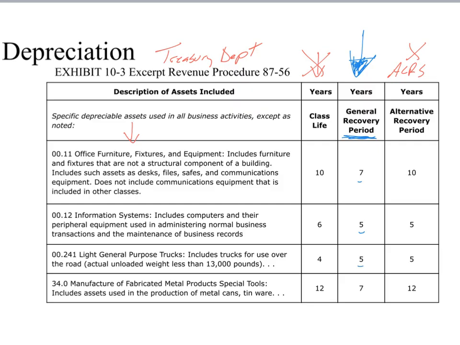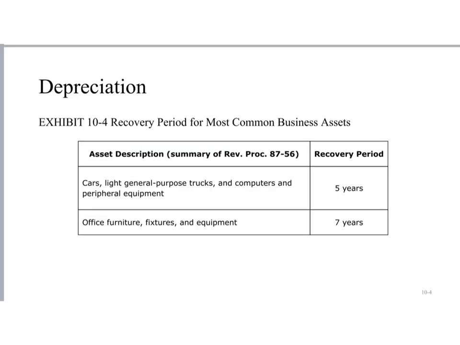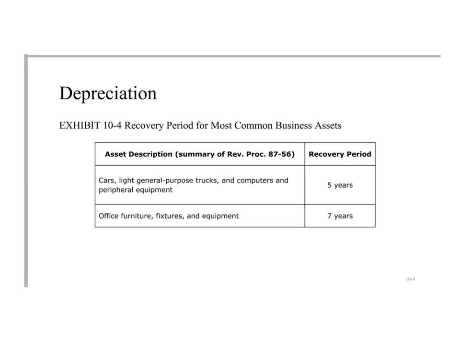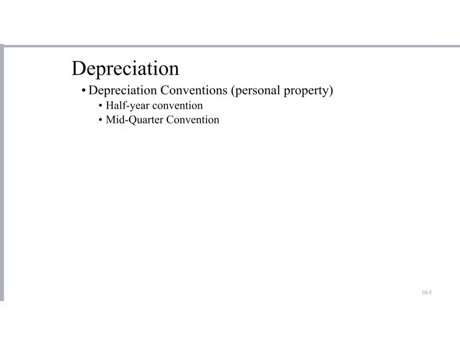And then manufacturing tools have a 7-year recovery period. Okay, so again, this chart is in your PowerPoint, but it's also going to be in a MACRS file. There are also smaller portions of that same revenue procedure in that MACRS table, and this again is the column that we're concerned about.